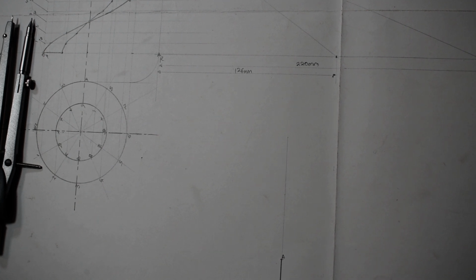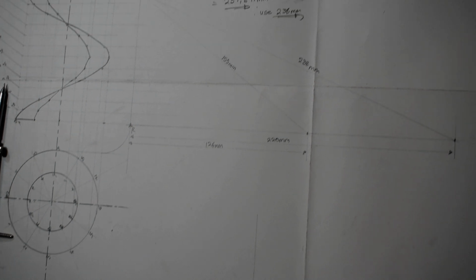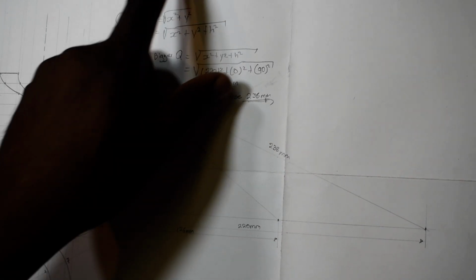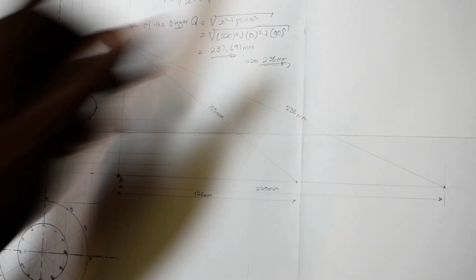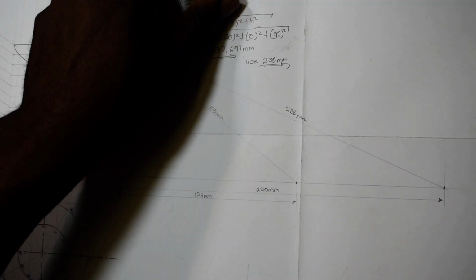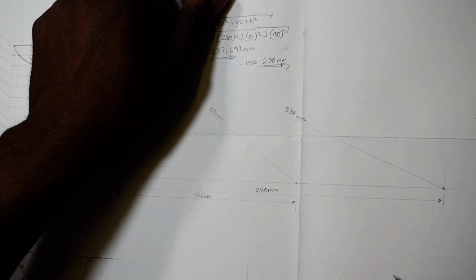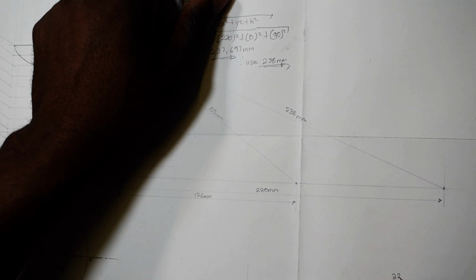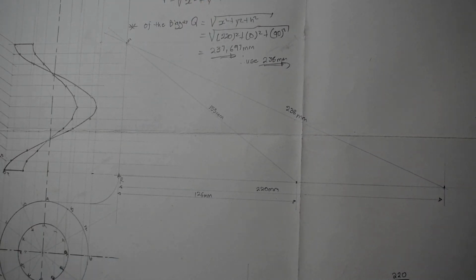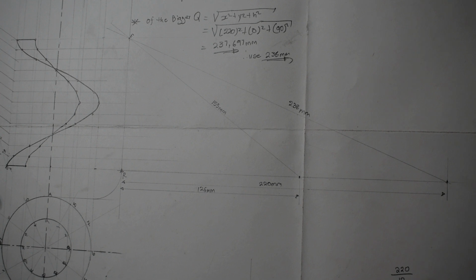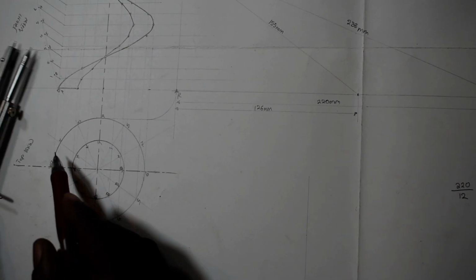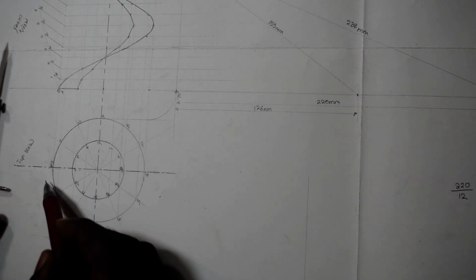Which one? That one. So we're going to say the circumference of the bigger diameter, which is 220, divided by the 12. The 12 that I'm talking about is which one? It's this one.